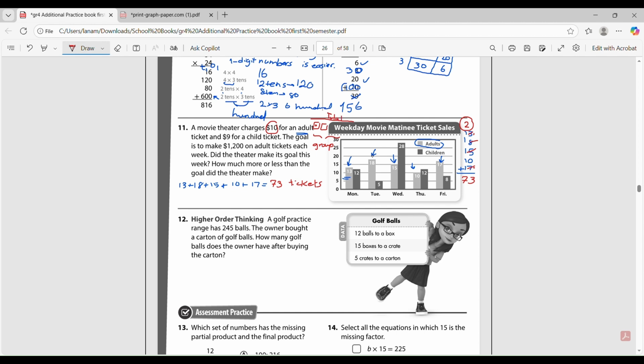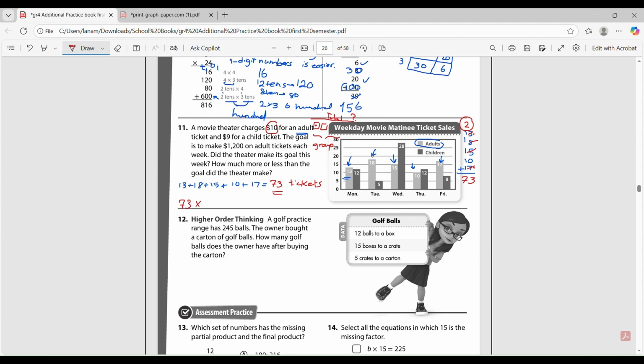If the missing or unknown information is the total, this means we need to multiply. So over here, I have the number of tickets, which is 73, and I have the price of each one.